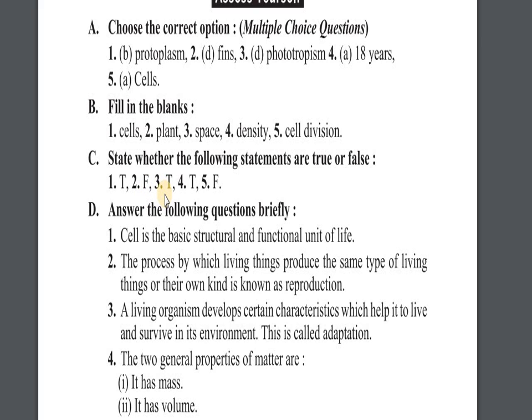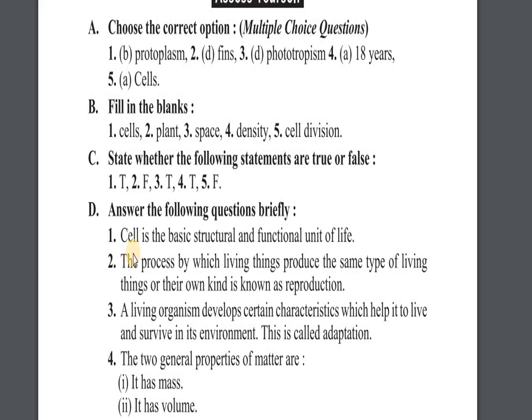Answer is true. Now, fourth question, which is on the next page, liter is a unit measured to express volume. Answer is true. Mass of an object changes when its location changes. Answer is true.